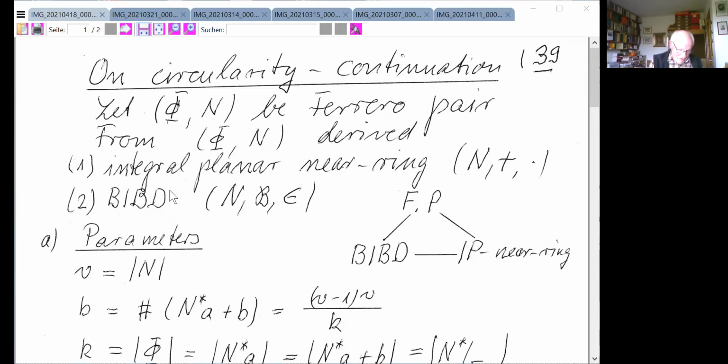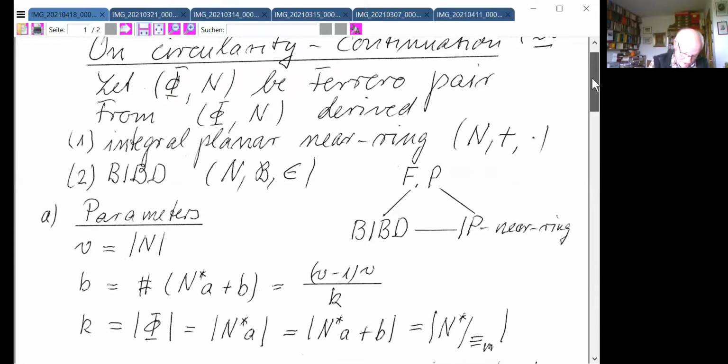We start again with a Ferrero pair, and from this Ferrero pair, phi n, we may derive an integral planar near-ring variant. It's reasonable to choose it as integral, and a balanced incomplete block design.